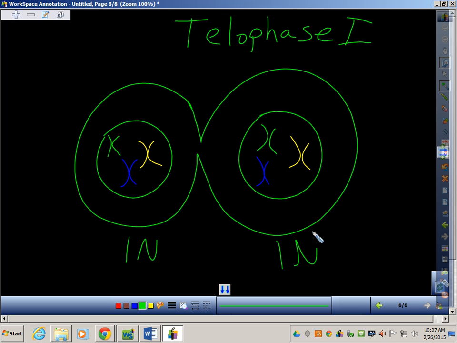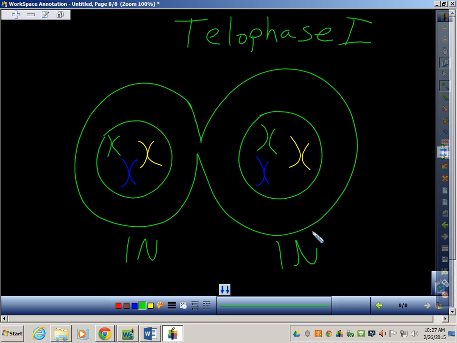So at this point, I now have separated my chromosomes, cutting my chromosome number in half. So I'm no longer a diploid germ cell. I am now a duplicated chromosome haploid cell.